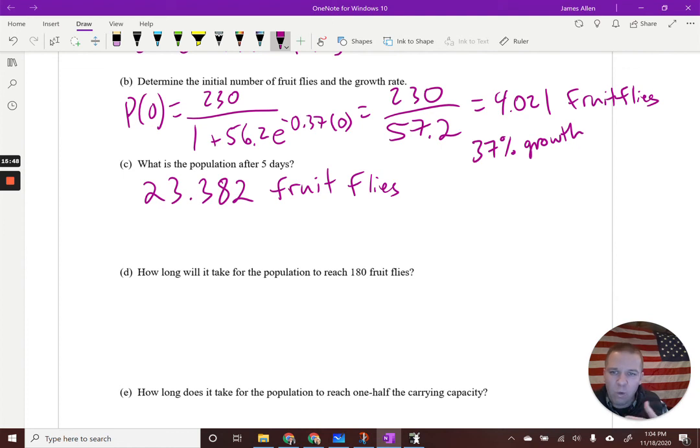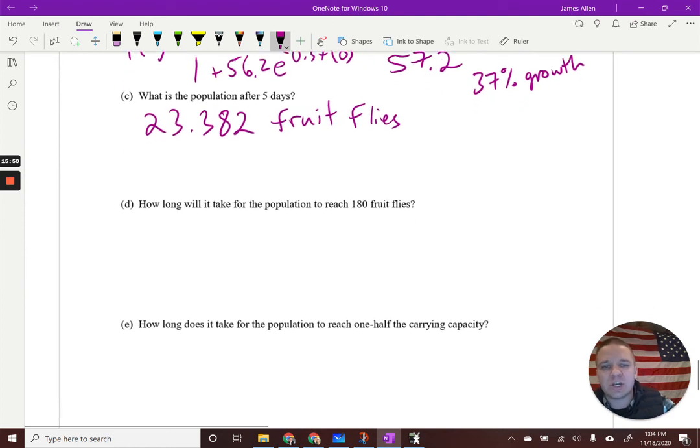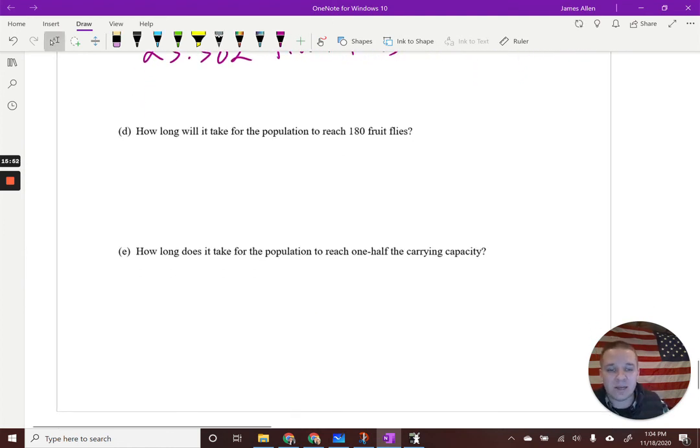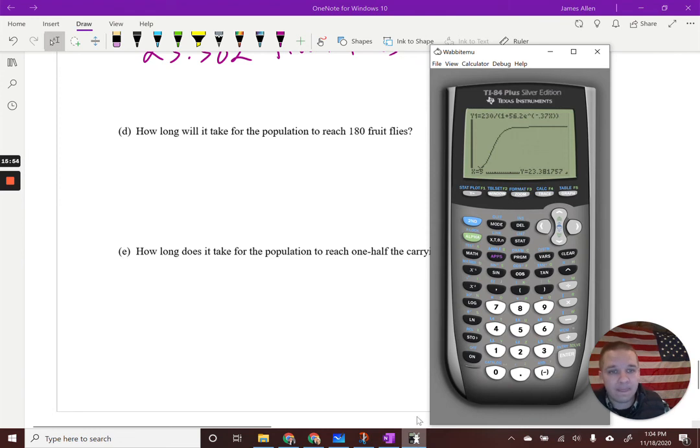And then we have, how long will it take for the population to reach 180 fruit flies? Well, we can use our graphing calculator, but I'm gonna have to add in another equation here, and we're gonna throw in 180. And we'll find ourselves an intersection. Okay, so how long until 180 fruit flies?